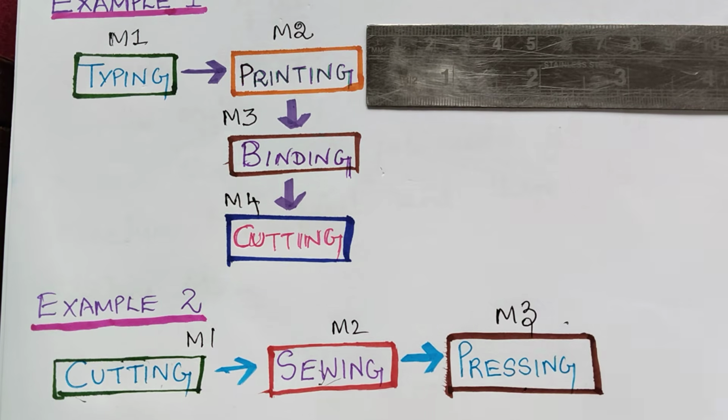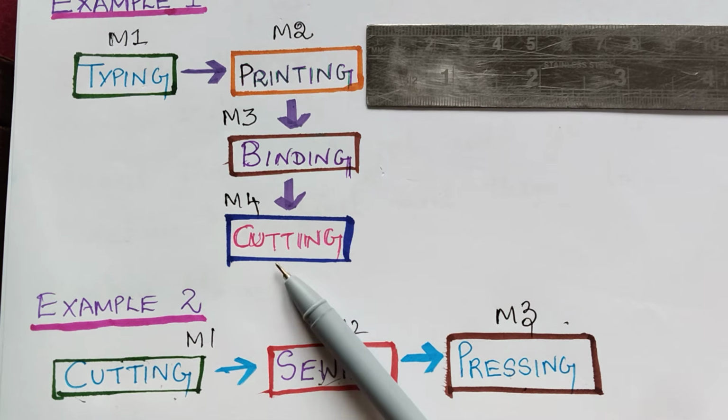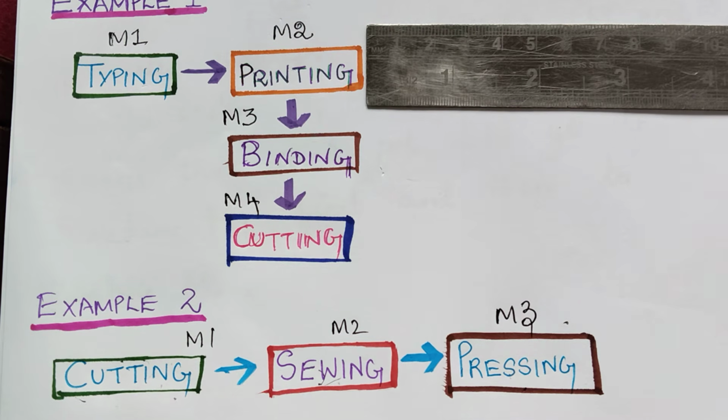So, if the jobs are sewing of 5 shirts, then the 5 shirts have to undergo cutting first, sewing next, and then pressing. The order of the jobs is known as the job sequence, and the total time taken to do all the jobs will be the total elapsed time. We will see the definition of total elapsed time now.